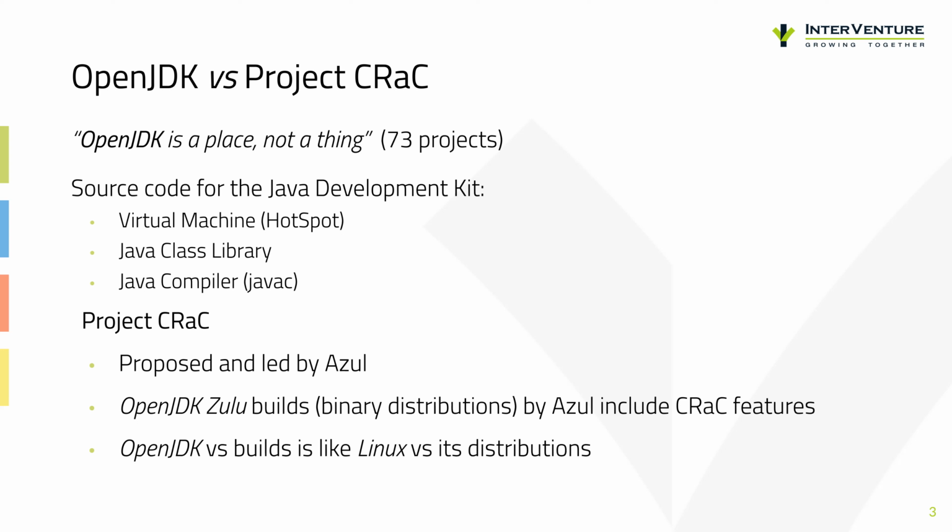So the CRaC implementation is not part of the official JDK yet. There are some early access builds that provide these features. And if we want to compare OpenJDK versus its builds, it's similar to what Linux is versus its distributions.